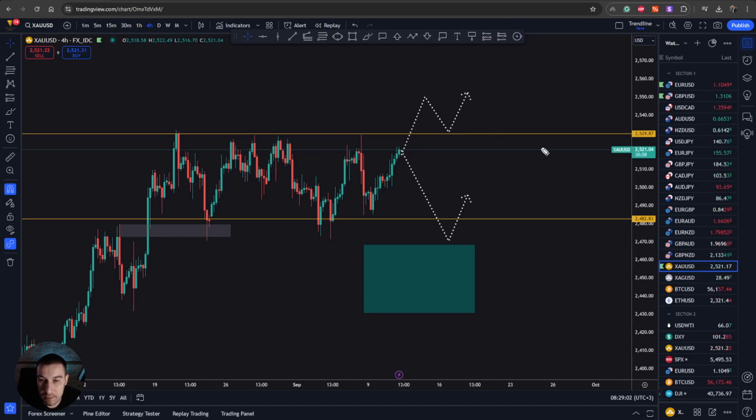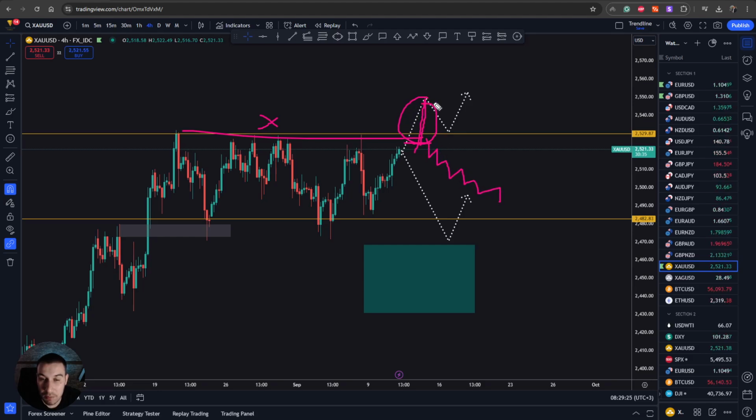However, let's say during the news we push right up here, but instead we just leave a rejection wick, and then the market closes down back within the range. That means we've got a rejection to the upside. We've just collected all that liquidity sitting above those equal highs, and that probably means we may see a pullback.